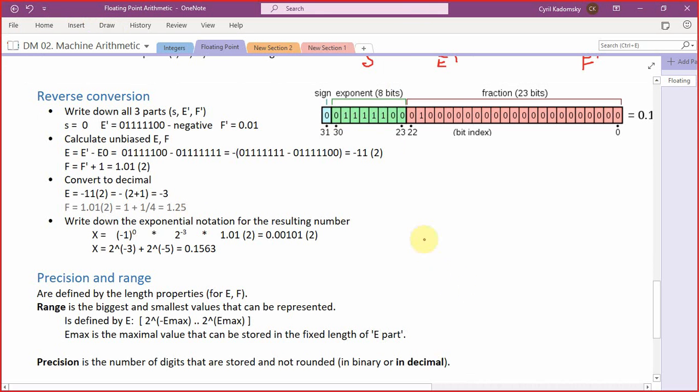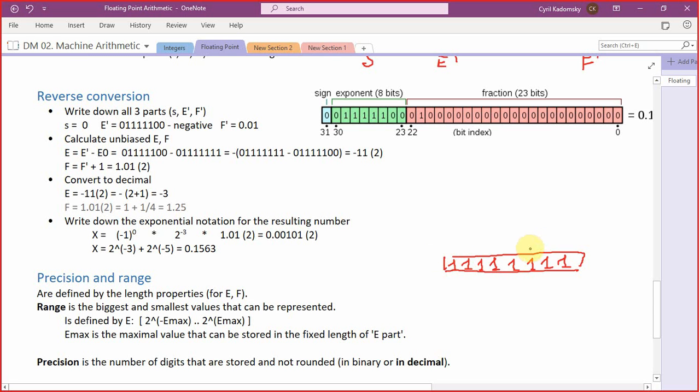We have 8 bits, right? So in these 8 bits, the maximal possible value that can be stored there is 1 repeated 8 times. A bigger value will give us an overflow.